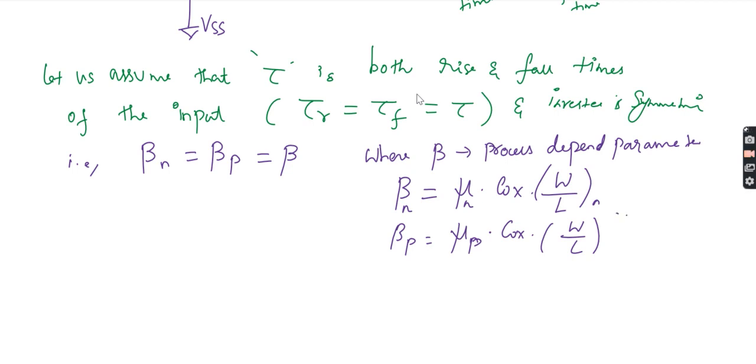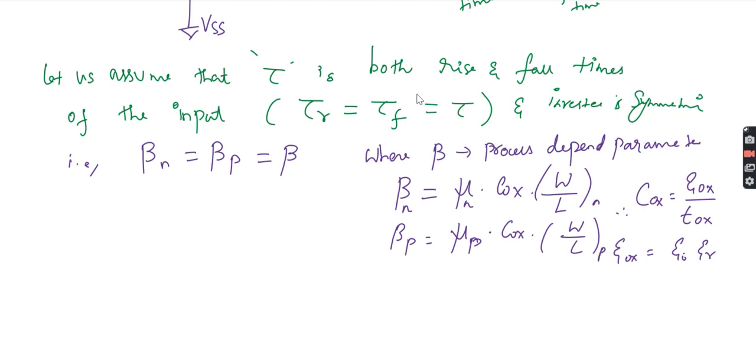What is the oxide capacitance? That also we need to know, right? Cox is equal to epsilon_ox divided by Tox, where epsilon_ox is equal to epsilon_0 times epsilon_r. That is why I said this is a process dependent parameter. So beta depends on the mobility, the oxide capacitance, which is the permittivity of the oxide divided by the oxide thickness, and then the width and length of the transistor, W by L_n and W by L_p.